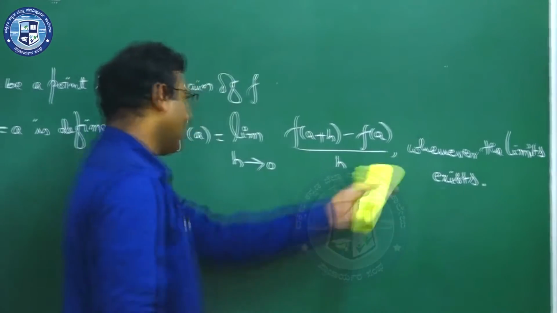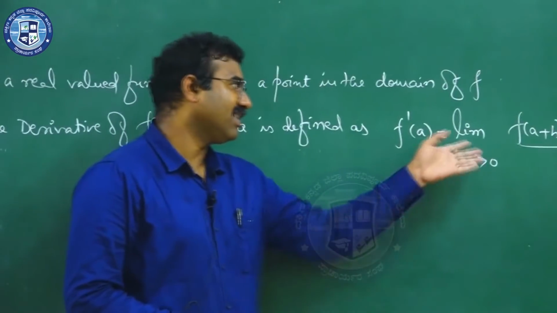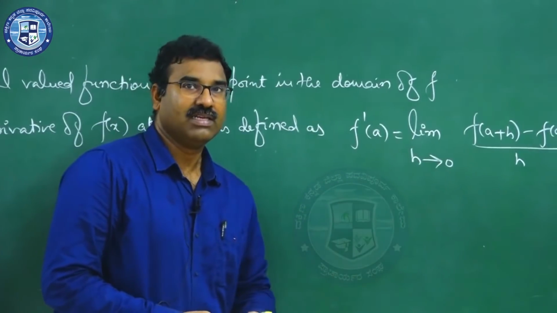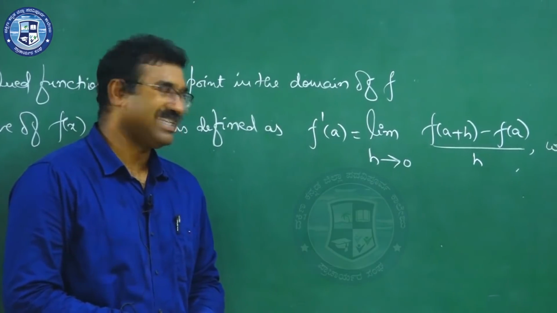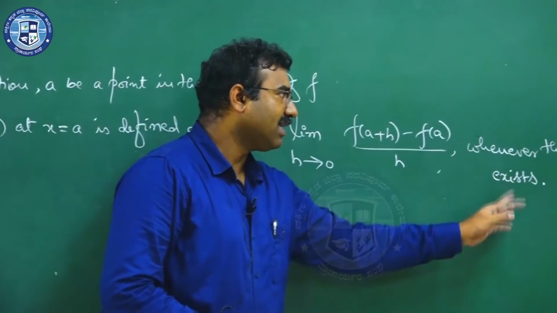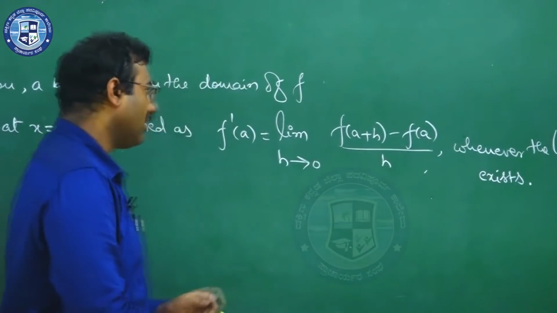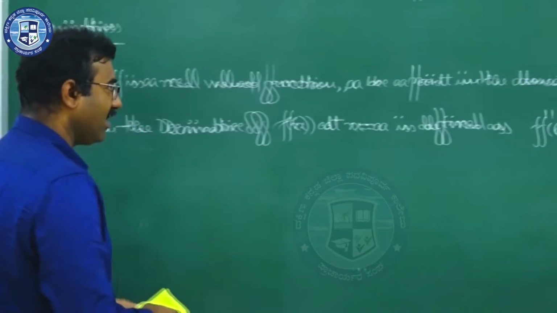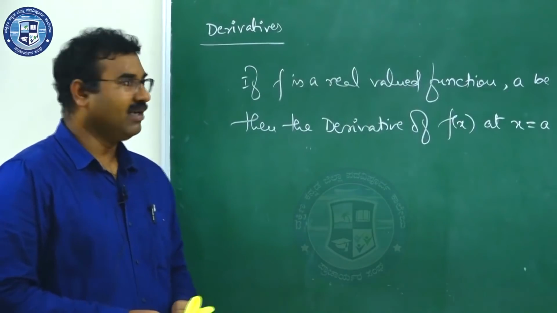So if that limit is not existing, we can't say that this is the derivative of f at a. That's why we keep the condition whenever the limit exists. This is the definition we have studied.